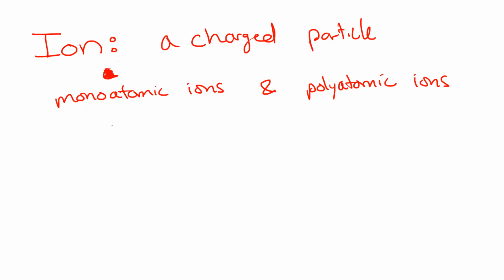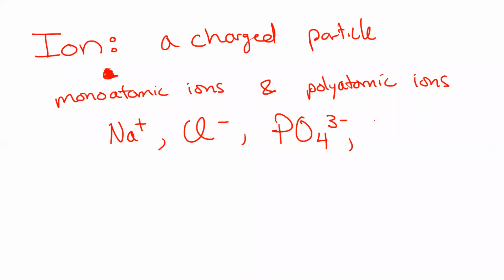You can have a sodium cation, you can have a chlorine anion, but you can also have, like we saw earlier, a phosphate anion. You can have an ammonium cation. You can have a hydronium cation. These things don't have to be single atom particles. They can be multi-atom particles that are fused together. Okay, that's why they're called a charged particle.